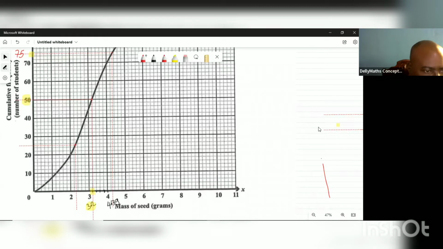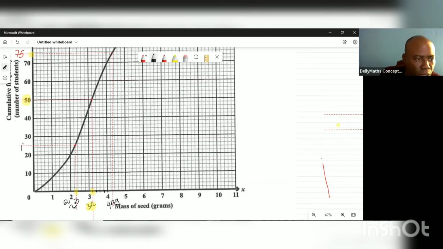So I'm seeing it right there. And it came down between 2.2 and 2.4. So I'm getting a 2.3. So let's mark off our 2.3 right there. All right, so it came down at 2.3 for that.